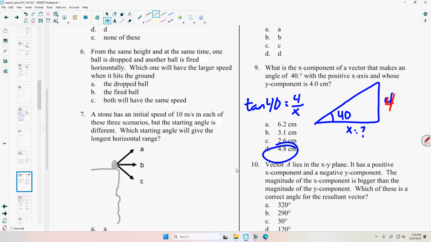And I know SOHCAHTOA, the tangent of an angle is equal to opposite over adjacent. That is that it's equal to the y component divided by the x component. And so I would say tan of 40 is 4 over x. I can solve this right here for x. X then is equal to 4 divided by tan 40.